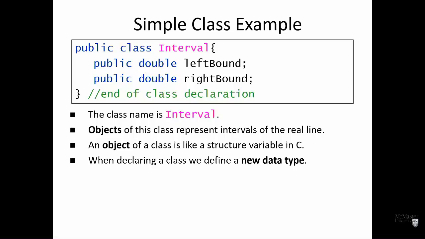You can think of this as a clone of the data type itself. Similar to when you define an int x. X is an integer variable with the characteristics of an int type, right? Same thing. By defining an interval, and then defining int1 as an instance or an object of interval, it's going to get all the characteristics of interval. For example, it will get two elements. One is called left bound and the other right bound, right?